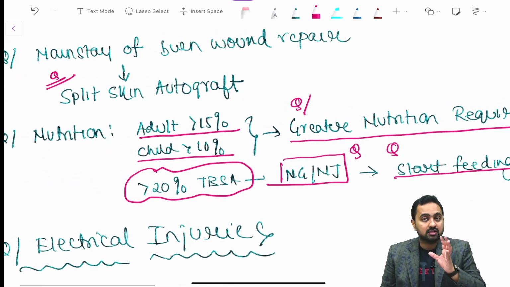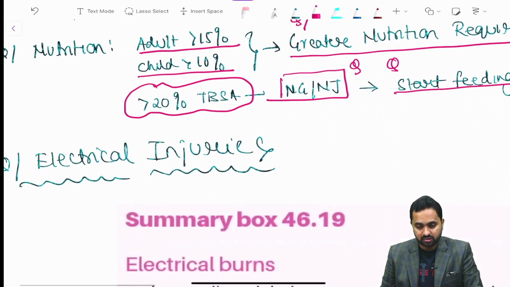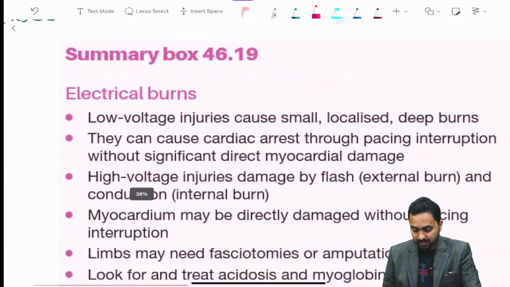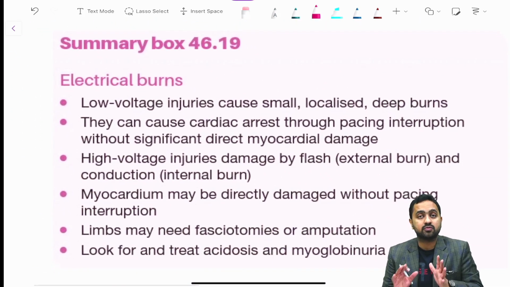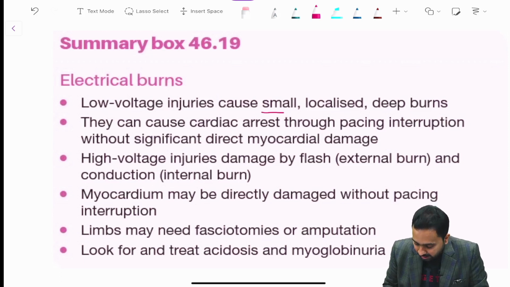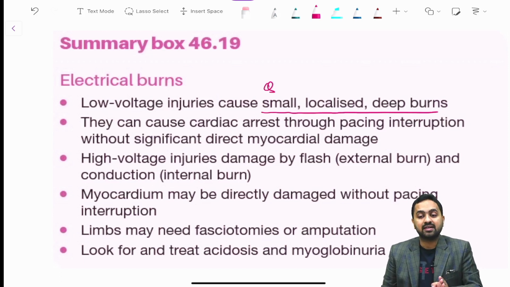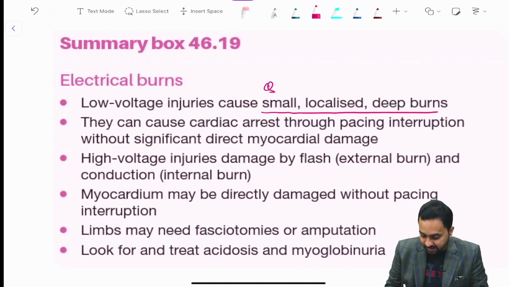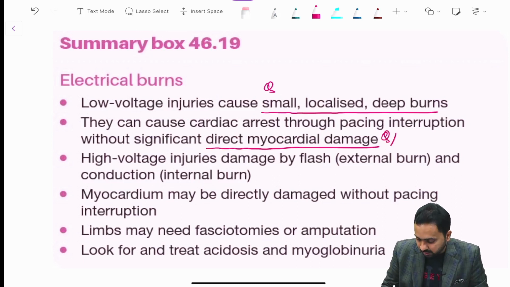Now a little bit about your electrical injuries. So I have just included this table from which most frequently your questions are formed. So this low voltage injuries cause small and localized deep burns. Then they can cause cardiac arrest through the pacing interruption without any significant direct myocardial damage.